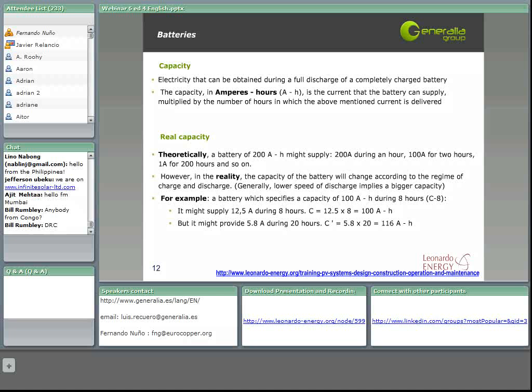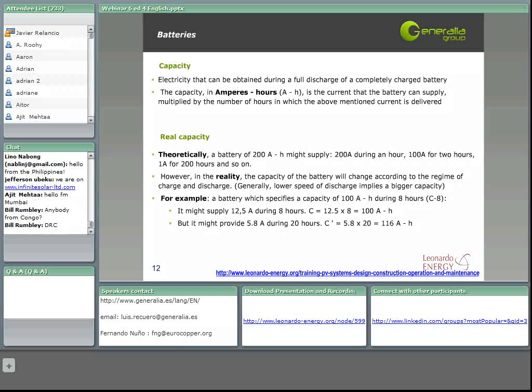However, in reality, the capacity of the battery can vary according to the time that we are charging or discharging it. For example, if a battery specifies a capacity of 100 ampere hours and we discharge it during 8 hours, then we can get what it is specified, 100 ampere hours.